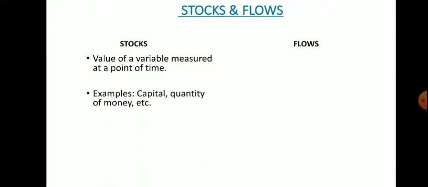For example, capital, quantity of money, etc. This stock variable is a static concept, not a dynamic concept, because here we are talking about a particular point of time. Means what is the population of India today? What are the COVID cases today?